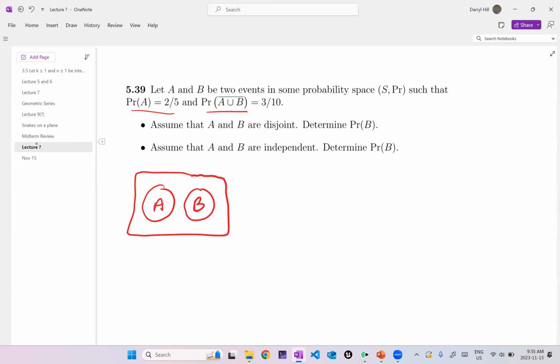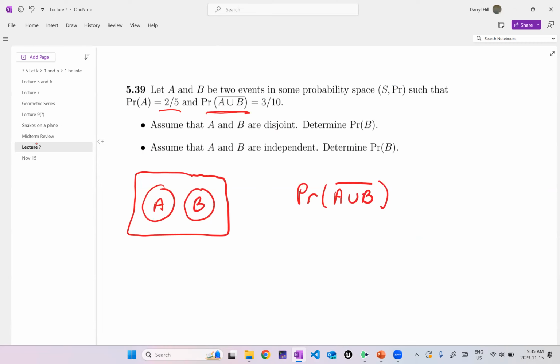Okay, so at some point we're going to use that fact. We have the probability of A is equal to 2/5 and the probability of A, this thing. Okay, so these are sets. I don't want to compute this. I want to break it down a little bit more. I want to use De Morgan's law here.